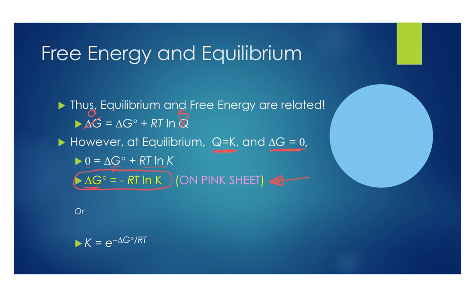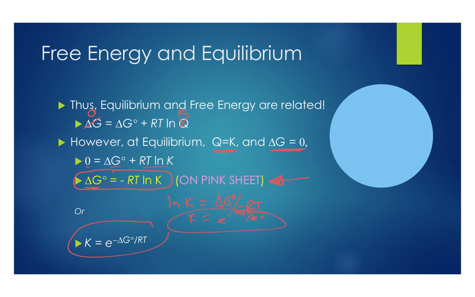This equation is on our pink sheet. Okay? So then if I go ahead and I rearrange this, right? So it becomes ln K equals delta G standard over negative RT, okay? If we have that situation then, we can take the exponent of both sides and you get K equals e to the negative delta G standard over RT, okay?